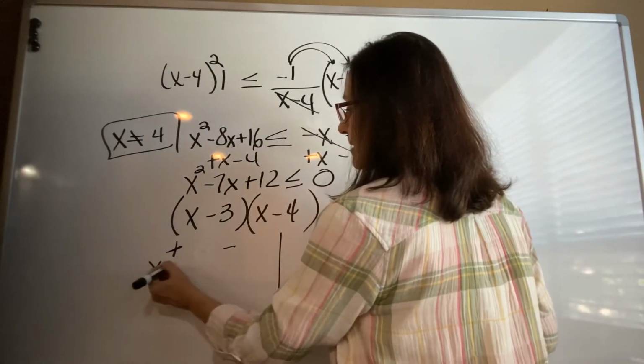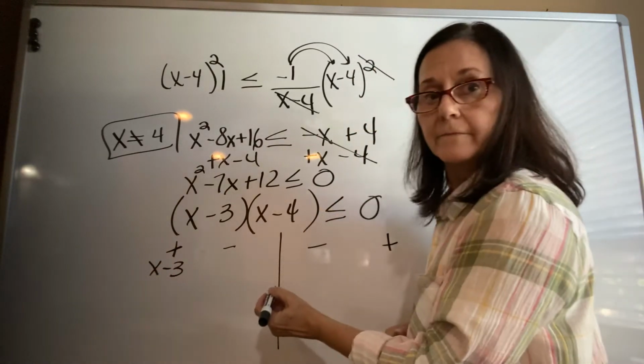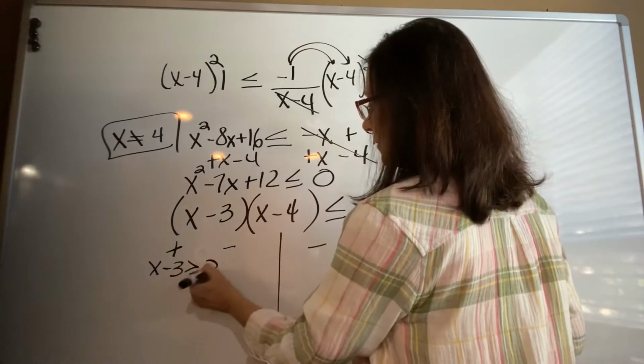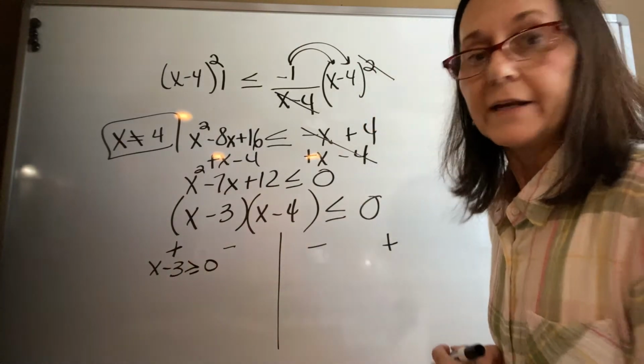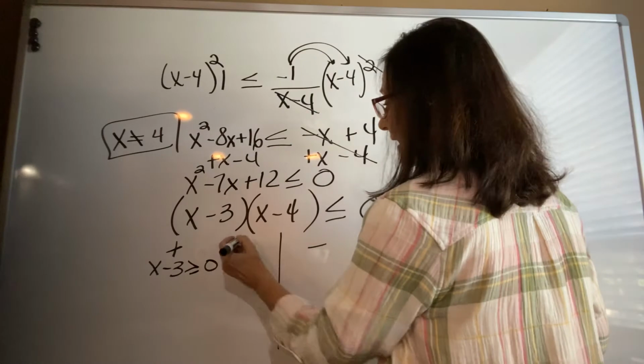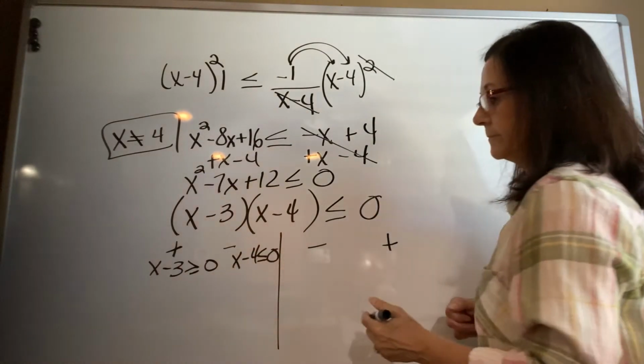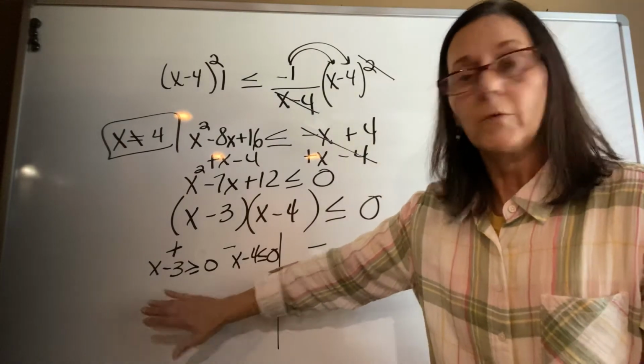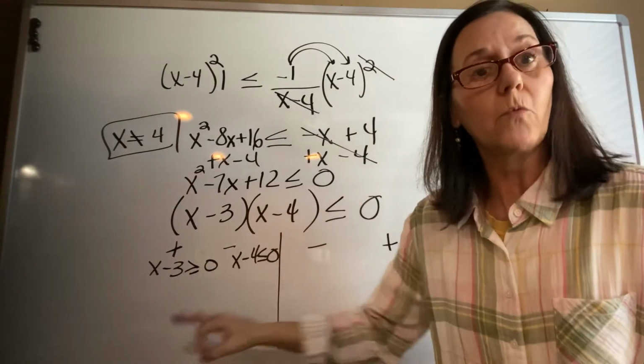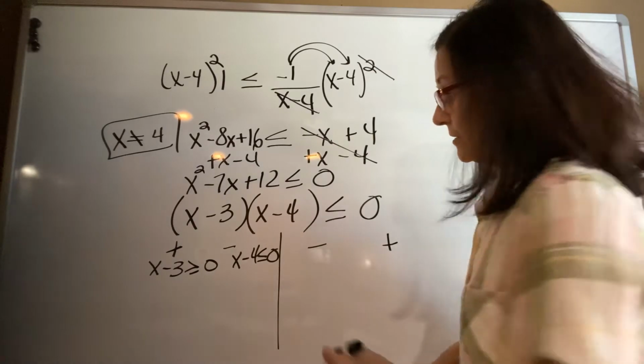All right, so for x minus 3 to be positive, it has to be greater than or equal to 0. For x minus 4 to be negative, it's got to be less than or equal to 0. All right, let's work this side. Remember, with the less than, we're choosing the one side that works.